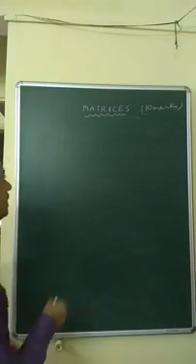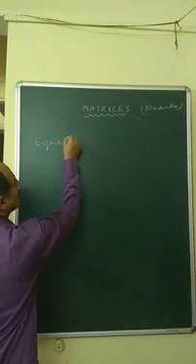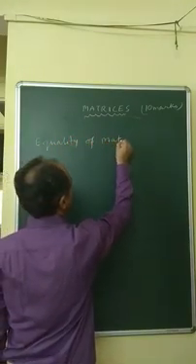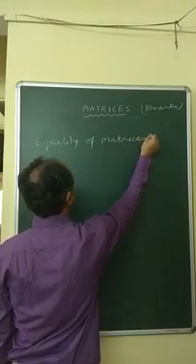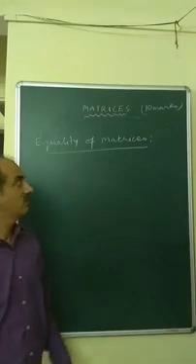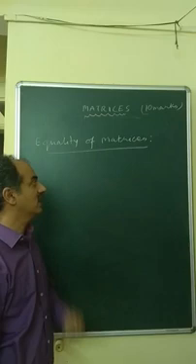Now what is equality of matrices? What is the condition when we say that two matrices are equal?